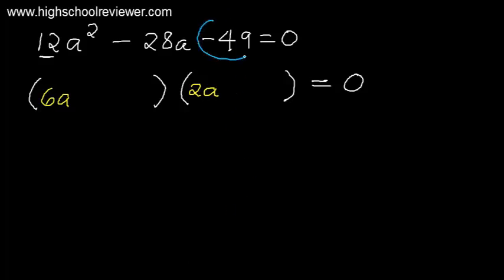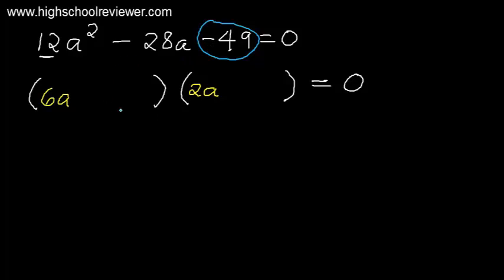Our third term is negative 49. Our third term here has a negative sign, and our second term has a negative sign. So we need to choose two numbers wherein the larger number will be negative, since our second term here is negative.